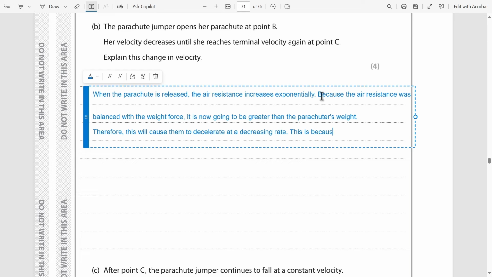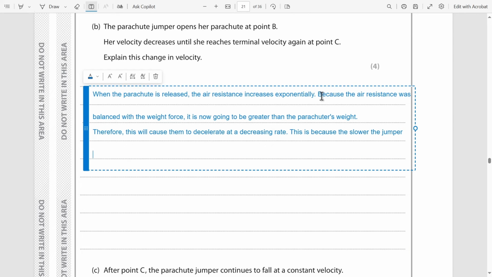This is because the slower the jumper goes, the less air resistance there will be.